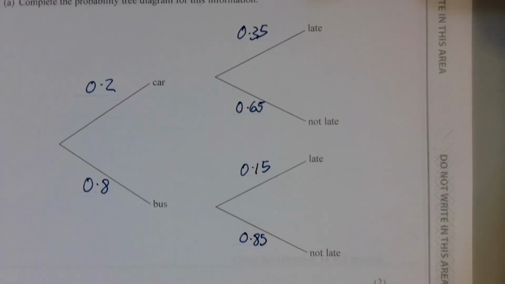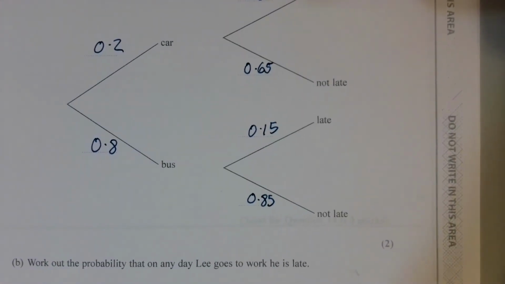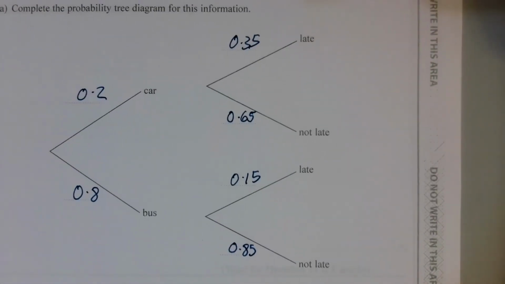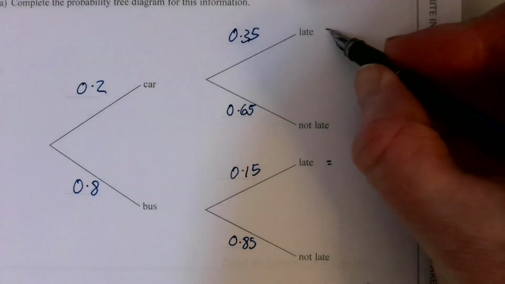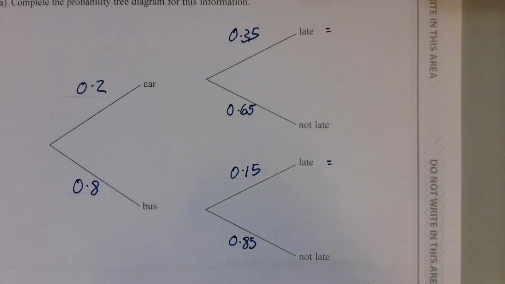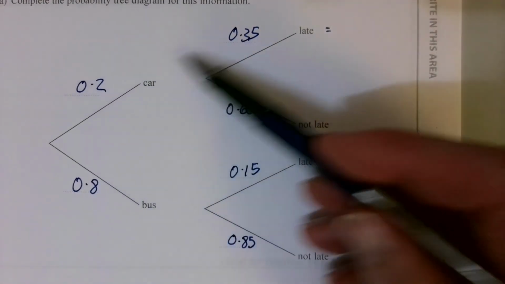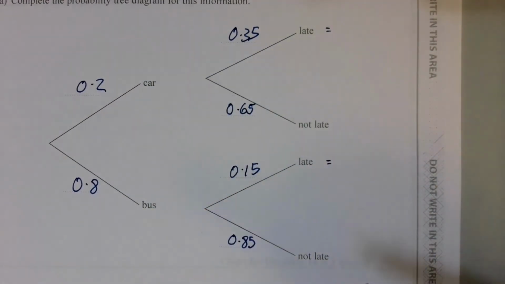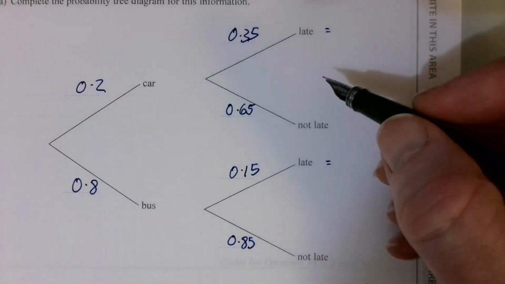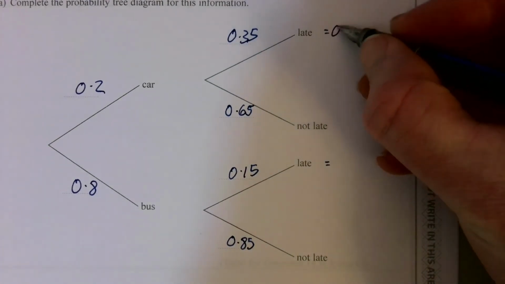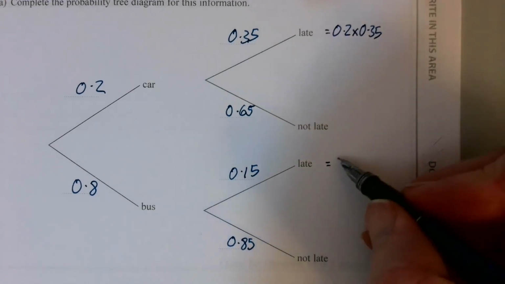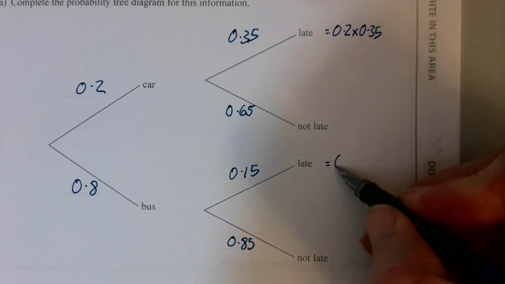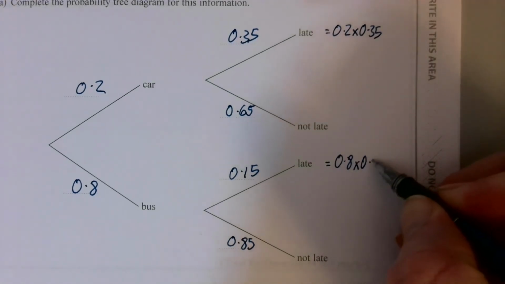Work out the probability on any day Lee goes to work he is late. So we need this one and we need this one, which means we work out this branch along here and this one along here, then we add them together, because his chance of being late by car is 0.2 times 0.35, his chance of being late by bus is 0.8 times 0.15.